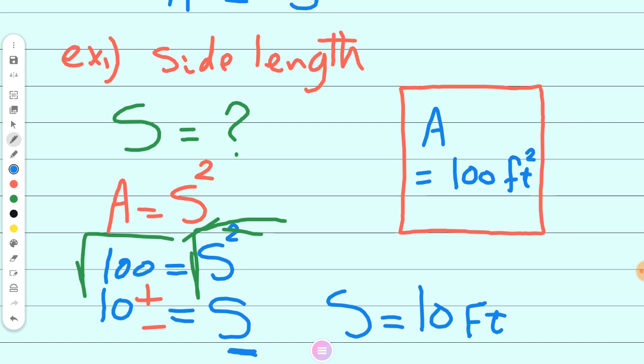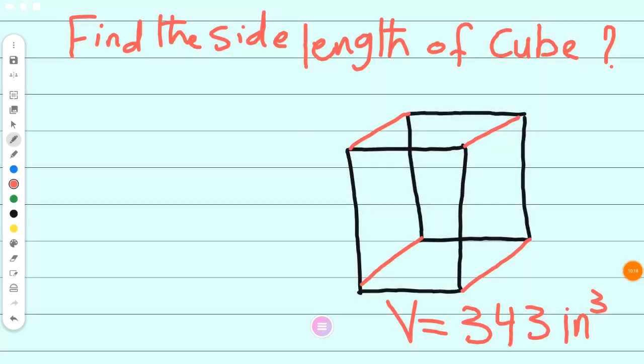Another example. We have a cube of volume 343 cubic inches, and I need the side length. What should we do?